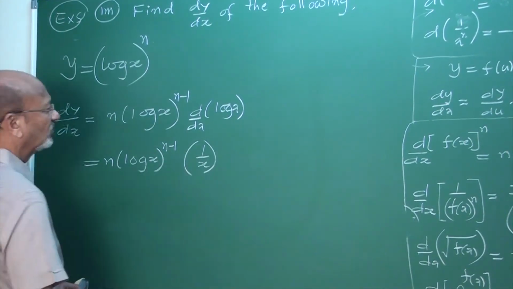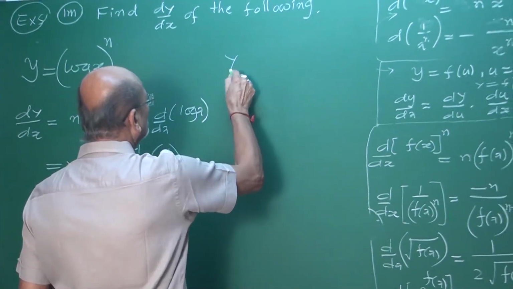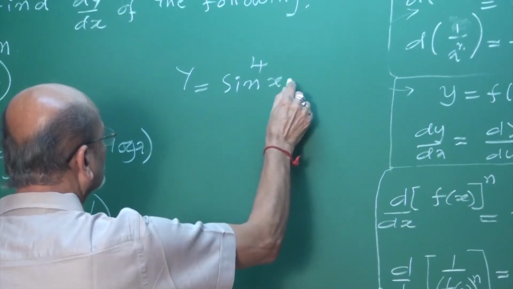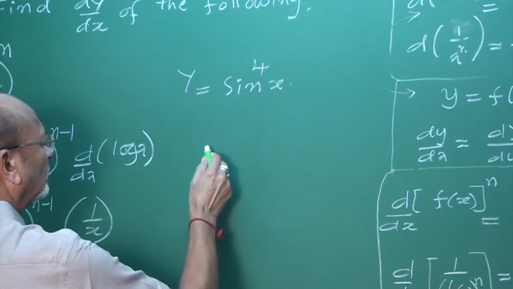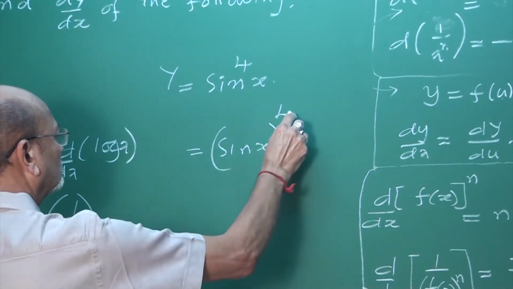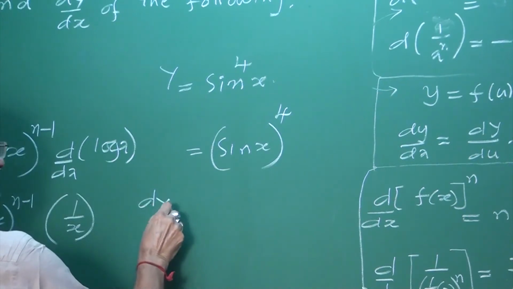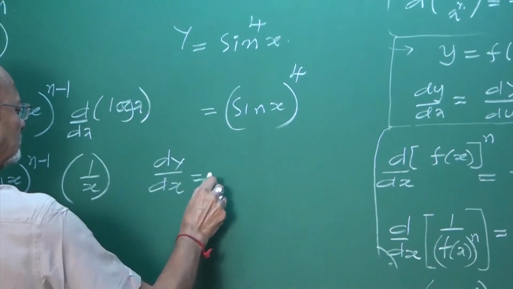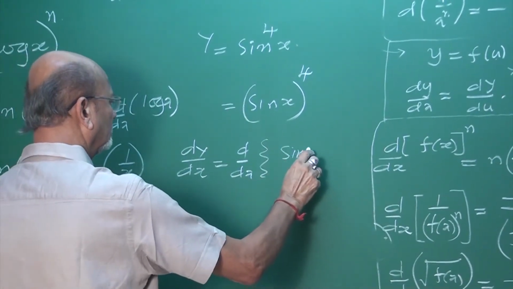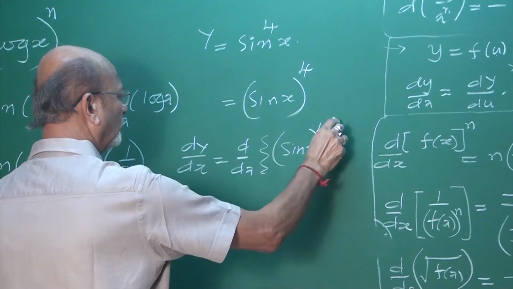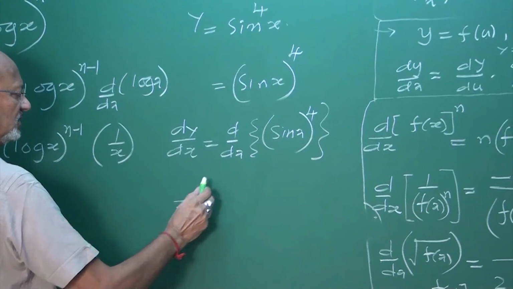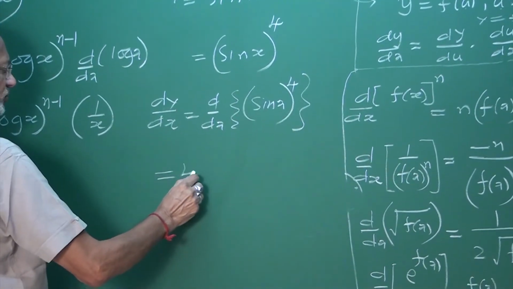If you want another one, y equal to sine to the power 4 x, which is (sin x) to the power 4. Differentiate: dy by dx is d by dx of (sin x) to the power 4, the same form f(x) to the power n, where your n is 4.